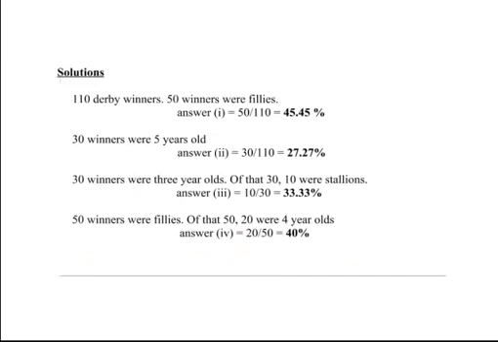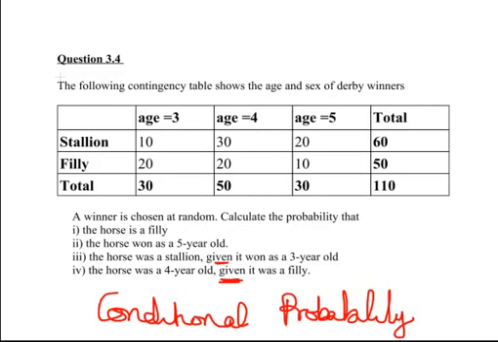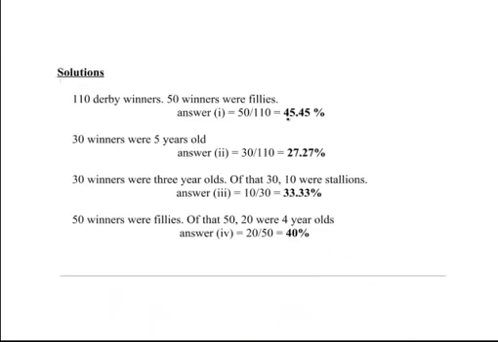So we had 110 Derby winners and 50 of them were fillies. So it's 50 out of 110. Let's just go back here a second. This is the grand total down here, 110, and 50 of them were fillies. 50 over 110, and we get 45.45%.